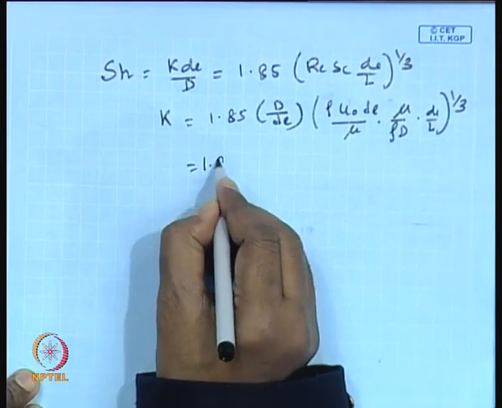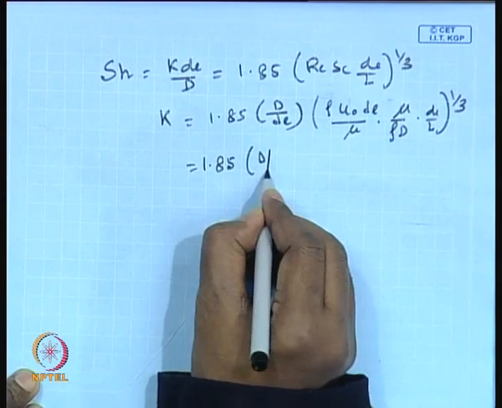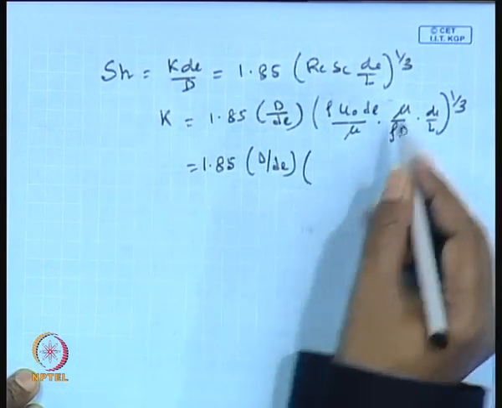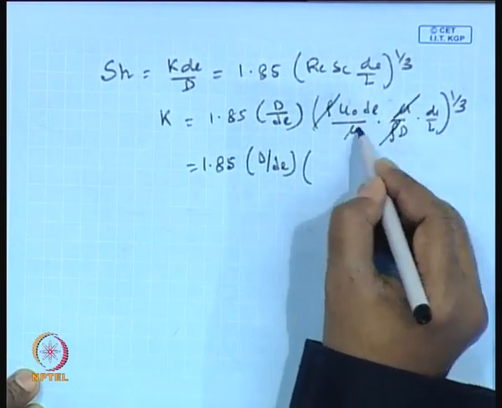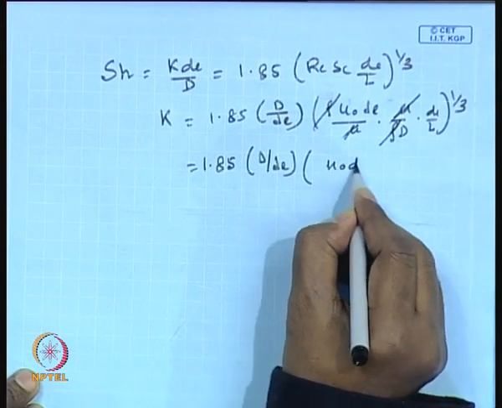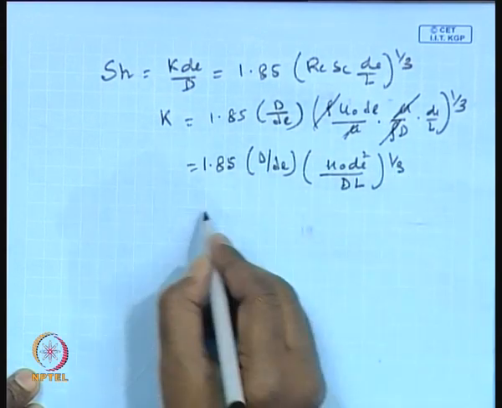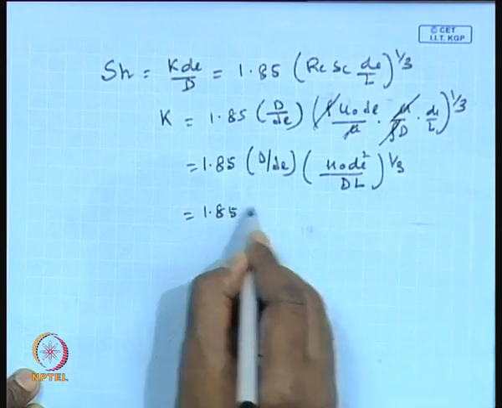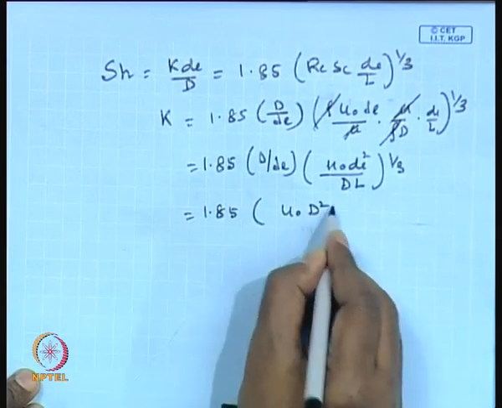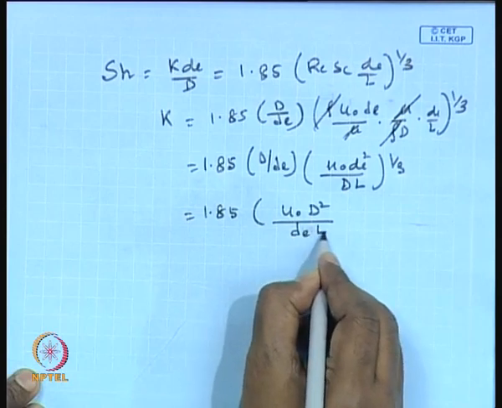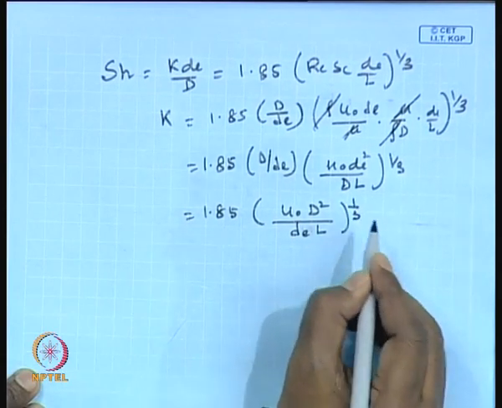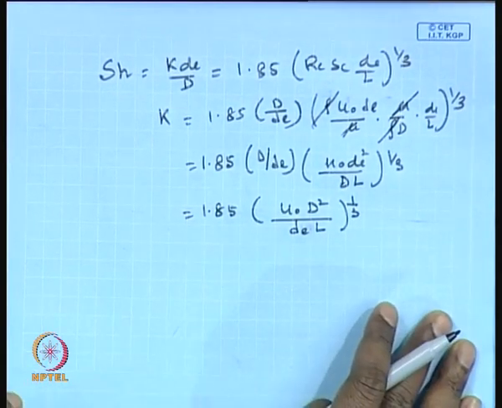So, this becomes 1.85 D over d, rho will be cancelling out, mu will be gone. So, it will be u0 d square by D L raised to the power 1 upon 3. So, that is the mass transfer coefficient.